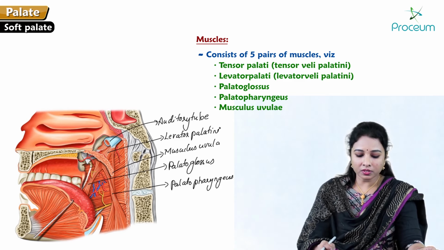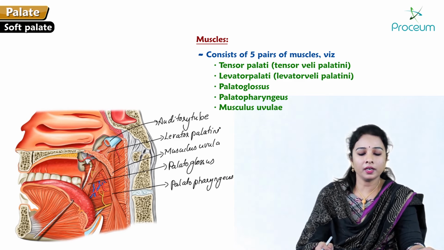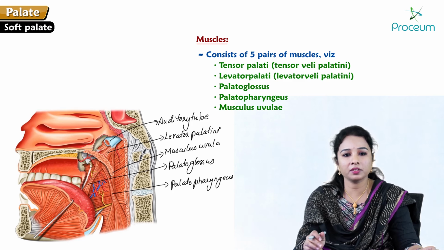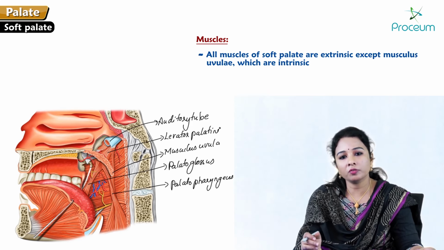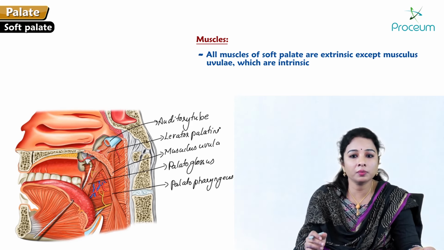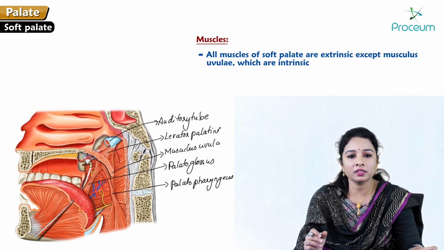And there is one more muscle called tensor veli palatini muscle, which I had shown in the previous image. All the muscles of the soft palate are extrinsic except the musculus uvulae, which is intrinsic.